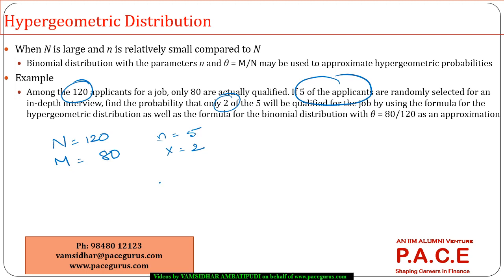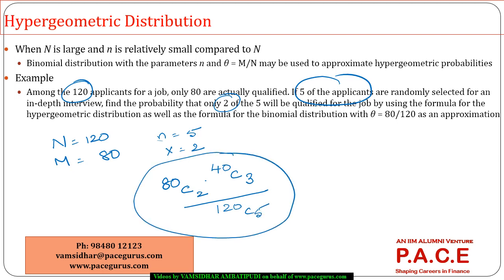The formula for hypergeometric is MCx, 80C2 into the remaining 40C n minus x, which is 3, divided by 120C5.